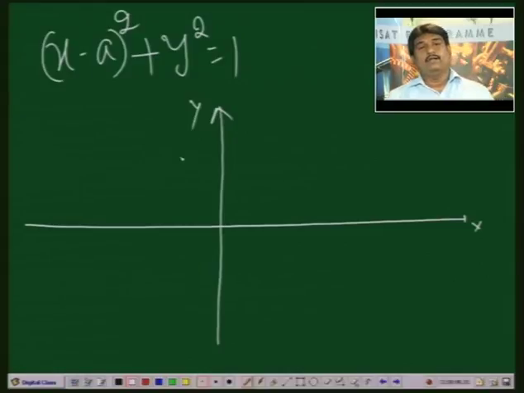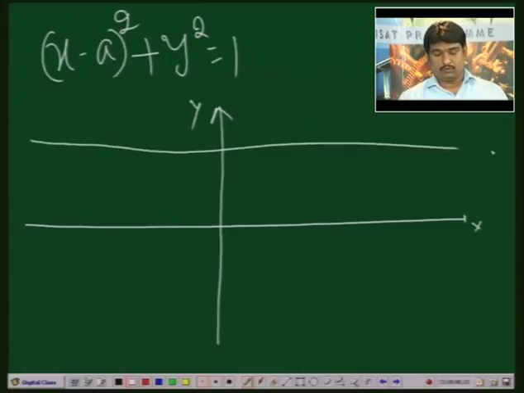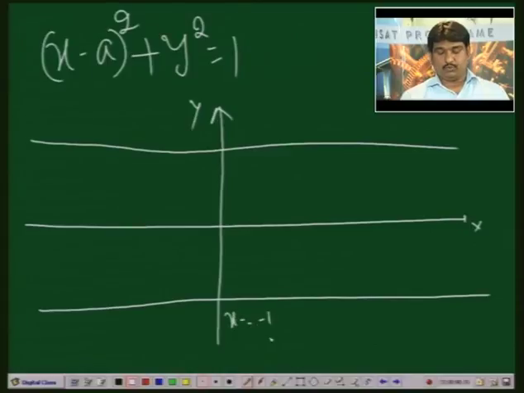As radius is 1, I'll fix this also. This is x equals minus 1 and this is x equals plus 1.